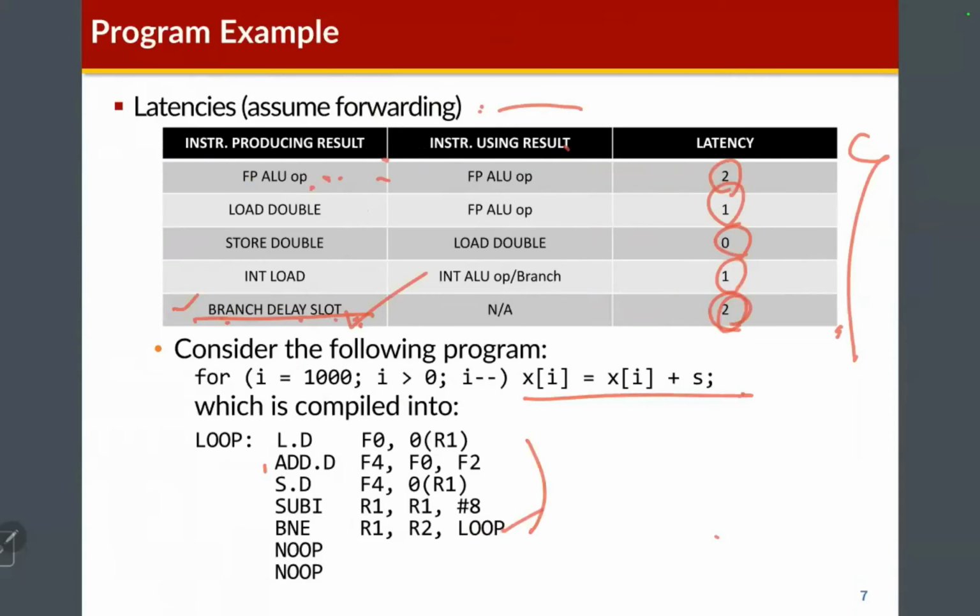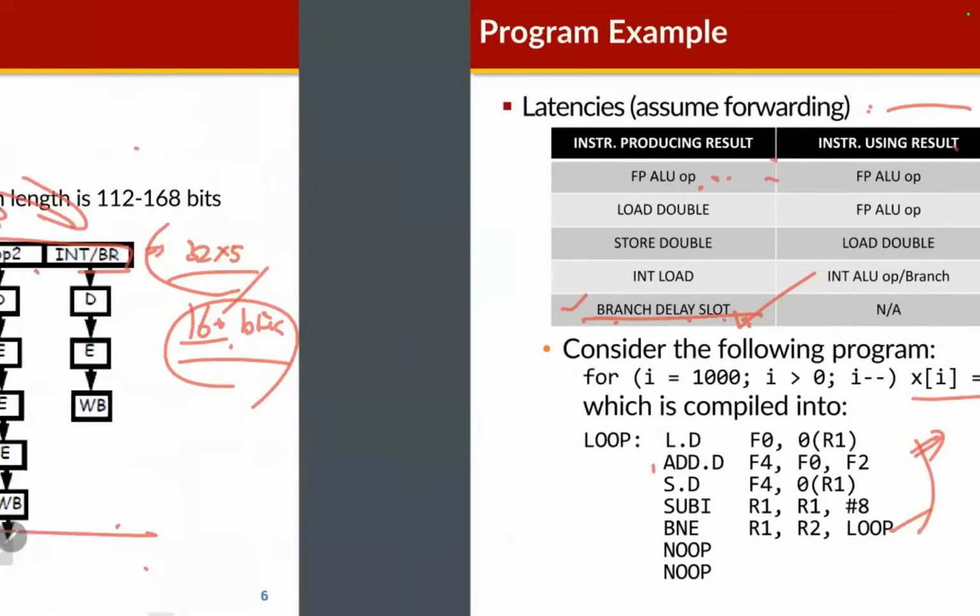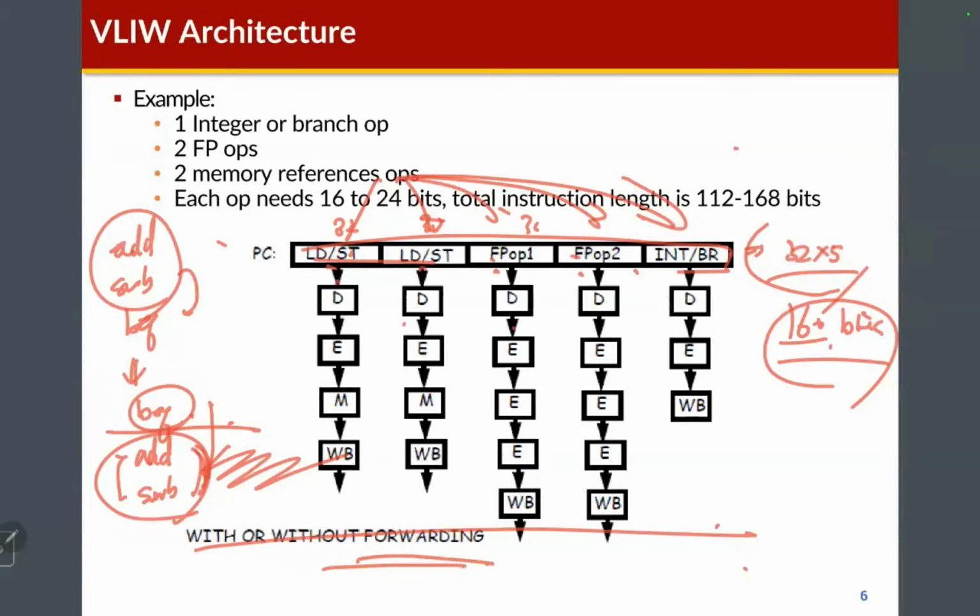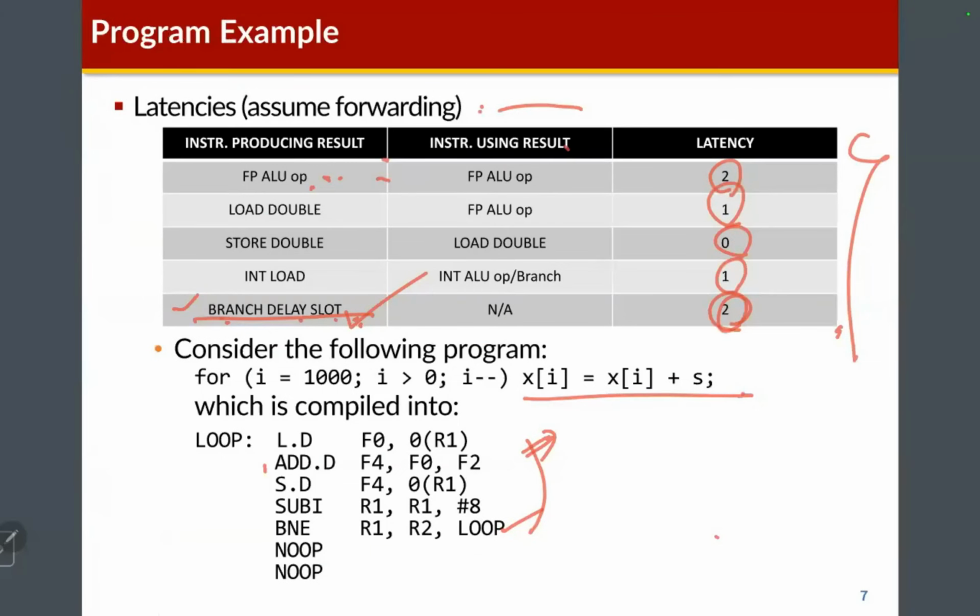The problem is that if a compiler wants to assign these instructions to this LIW hardware or VLIW hardware, how can you assign the instructions? Oh, we have one load and one store instruction.